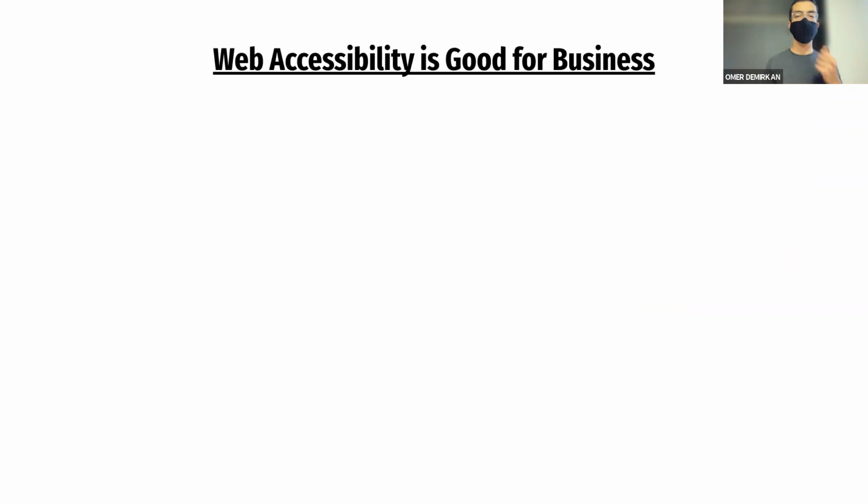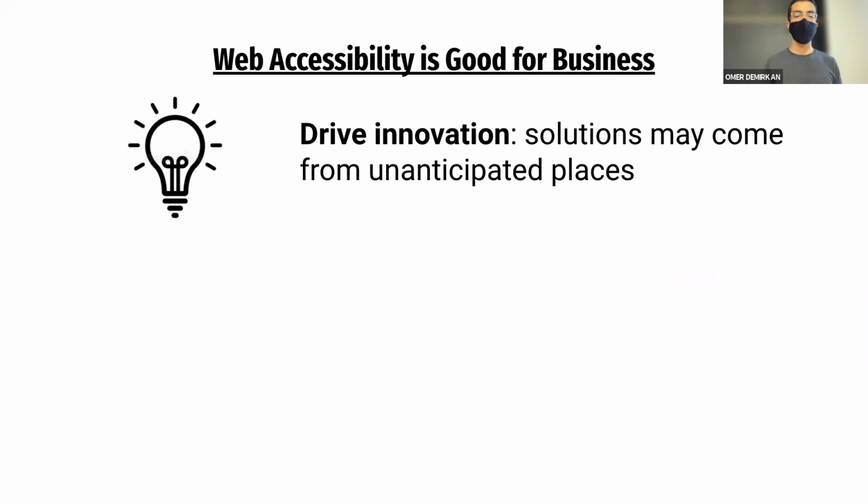Next, I want to talk about web accessibility being good for business. Now, what the previous slide was, I think, reason enough, but there are actually more, in my opinion, more compelling reasons, right? First is innovation. Now, when you hear innovation, this is one of those terms that are thrown around in corporate America, maybe up there with synergy, that just doesn't mean anything.